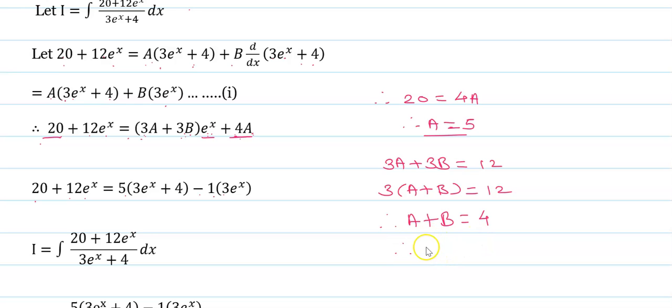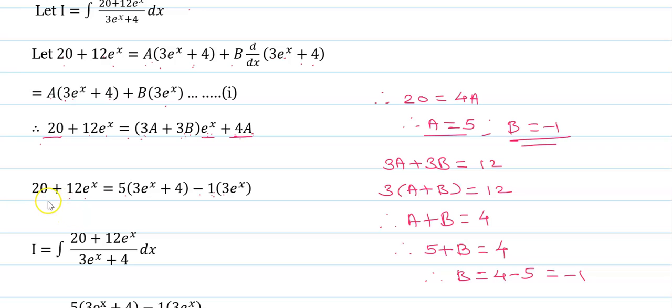If we substitute the value of a as 5, 5 plus b is equal to 4, and hence b is equal to 4 minus 5, you will get minus 1. Therefore the value of b is minus 1, and it is written as minus 1 into bracket 3 e raised to x.